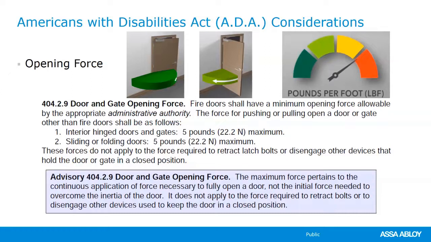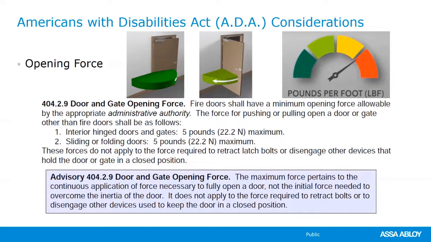Now, for all of those doors where you have public use that are non-fire rated, we have to make sure that it requires 5 pounds or less to open that door once the door has been unlatched. If you have an inspector out and they are checking for opening force and they just pull the handle down, or maybe they disengage the exit device and they immediately use their force gauge on the door and start either pulling on the door or pushing, depending on what type of gauge they have, that's incorrect.